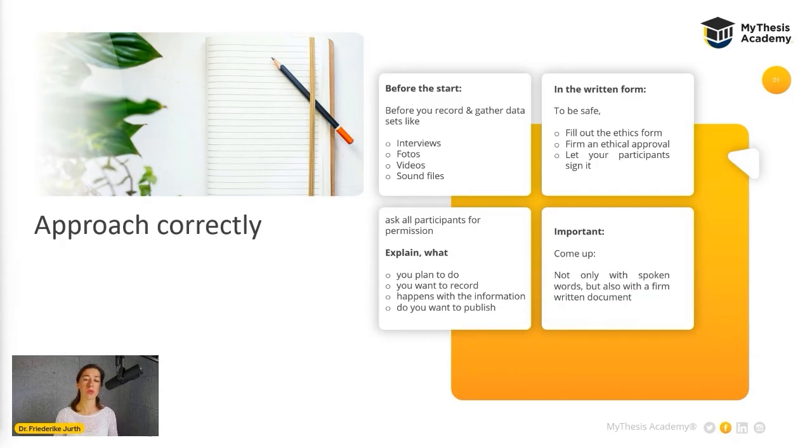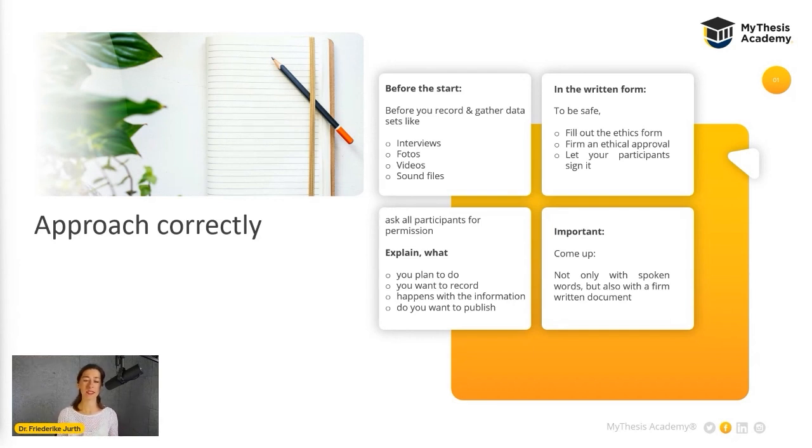Here you should be sure if you can reach out for a research ethics form and also to confirm an ethical approval first by yourself and then also by your research participants.